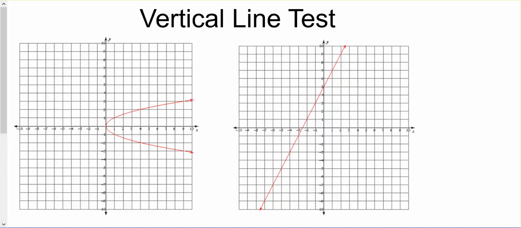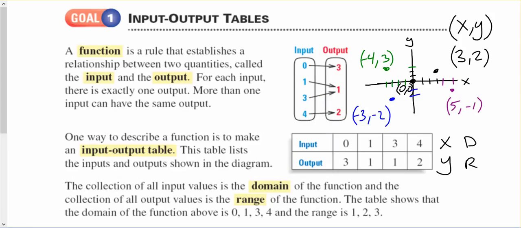So we can say, is a line or an equation a function? And we consider something a function. If we go back, a function is for each input there's exactly one output, meaning for every x value there's only one y value.